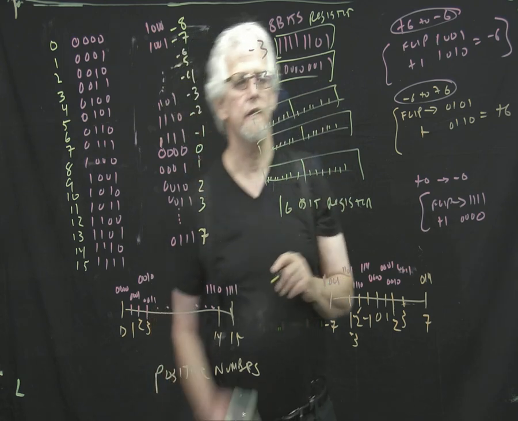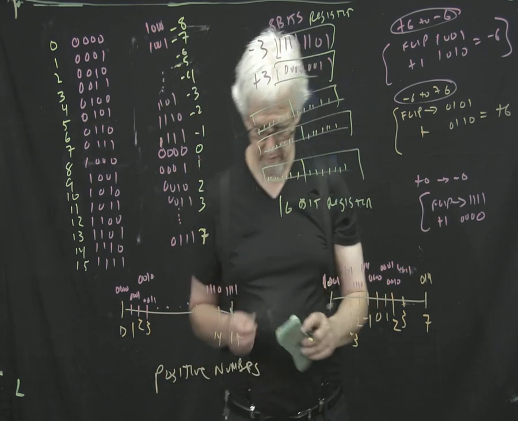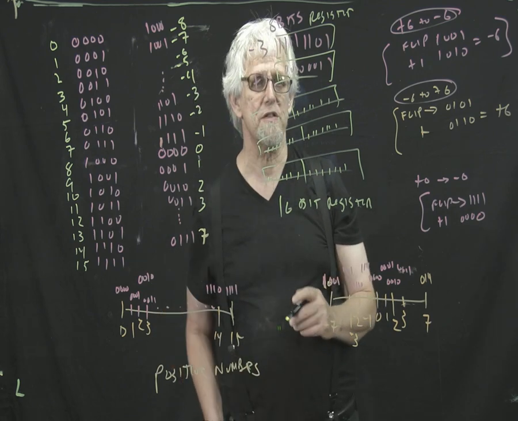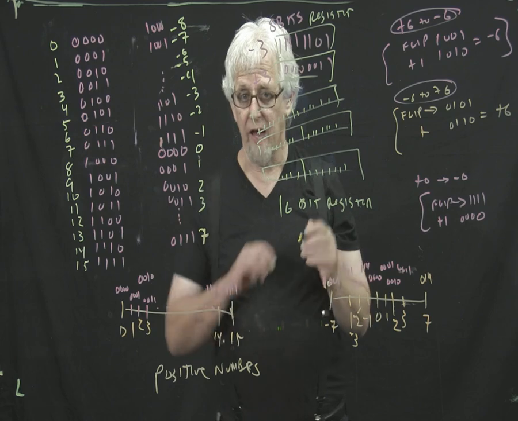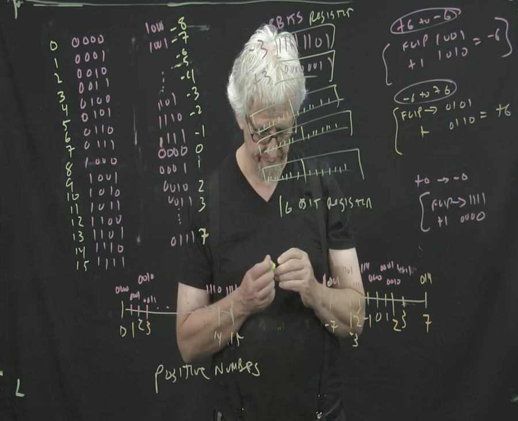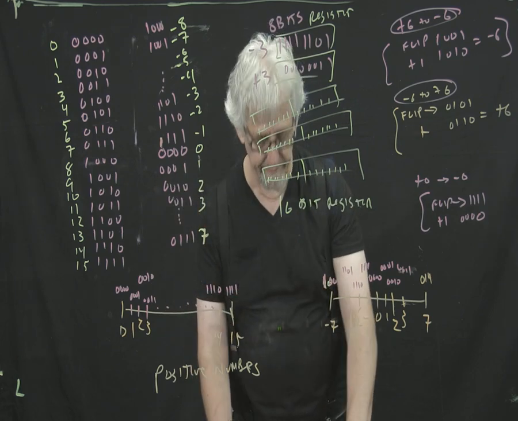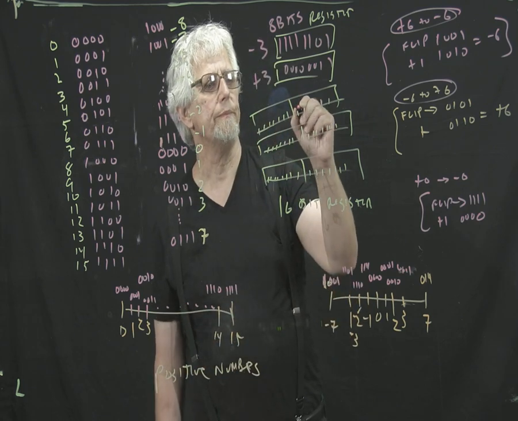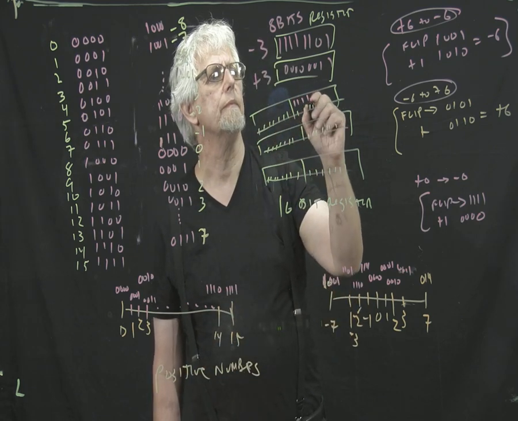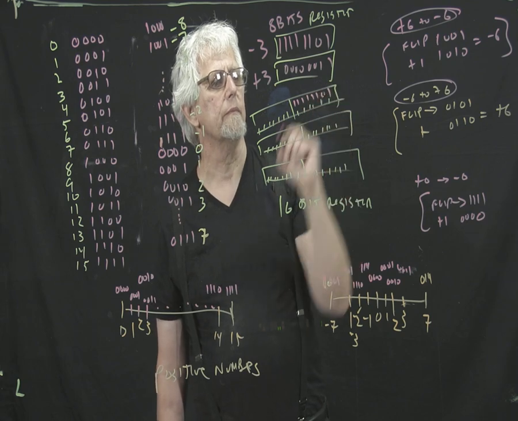There's three possibilities. One possibility is to just move the 8 bits into the lower part and don't touch the rest.